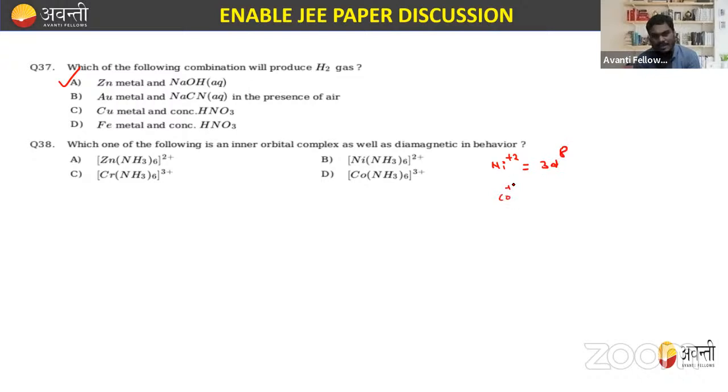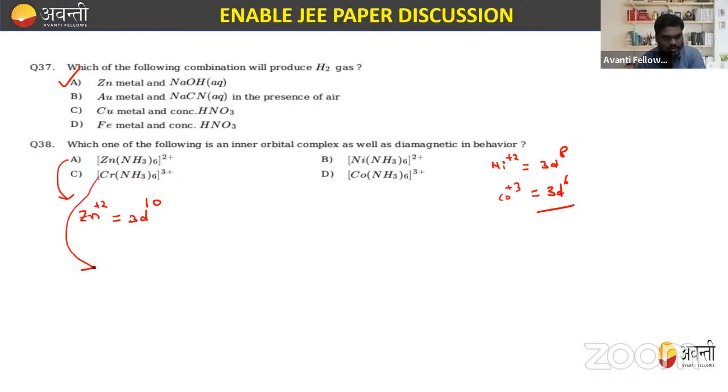Similarly, cobalt +3. Cobalt is 3d7 in the ground state, so in +3 this will become 3d6. Now, if I'm talking about zinc and NH3, here also Zn is in +2 form, which means 3d10.